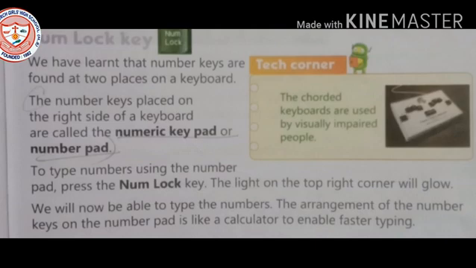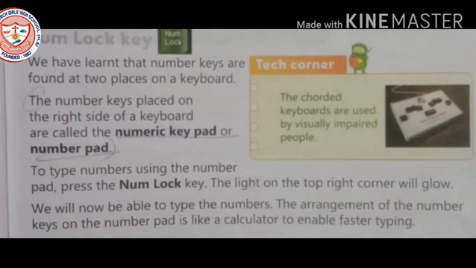So what did you learn about the numlock key? Let's recap once more. We have learned that number keys are found at two places on a keyboard. The number keys placed on the right side of a keyboard are called the numeric keypad or number pad.